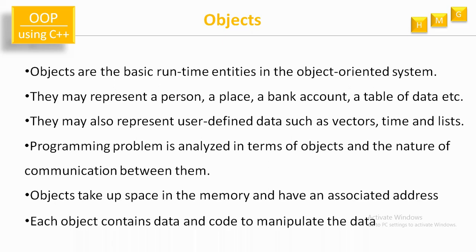Each object contains 2 parts. One is data and second is code to perform operations on that data. That code is in terms of various functions. So these functions operate on data to perform certain operations.